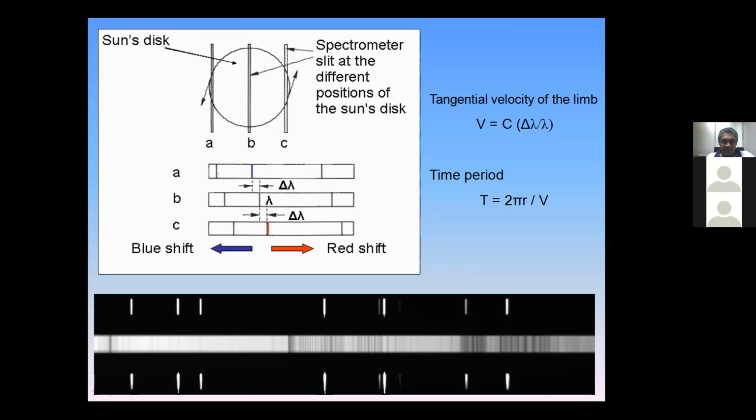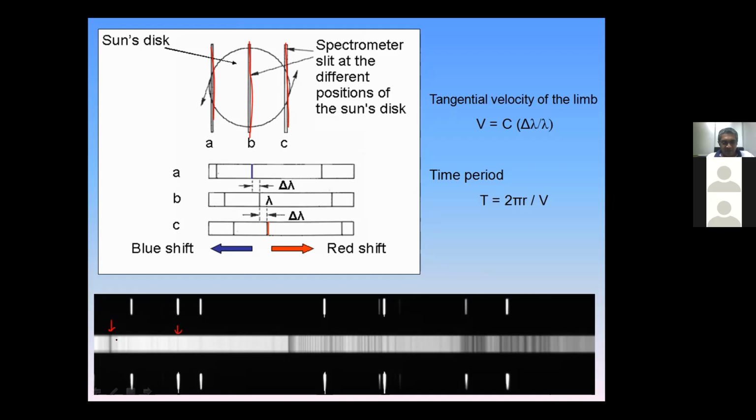We can take the spectrum at the center, at point B, and then keep the spectrograph at the right edge as well as the left edge. When you get the spectrum at the center, it is going to be like this. Then we select one particular absorption line. These are absorption lines, and there are absorption bands basically, but the weak ones are over here.